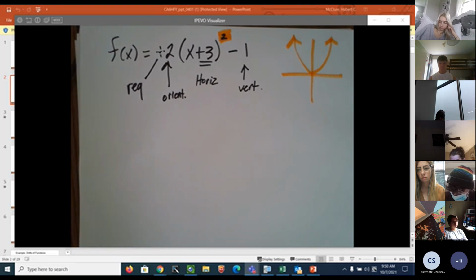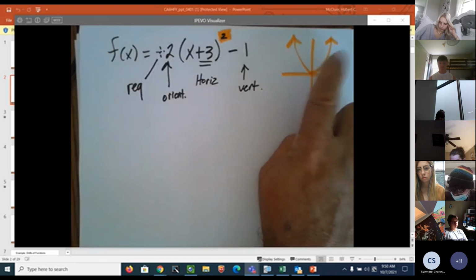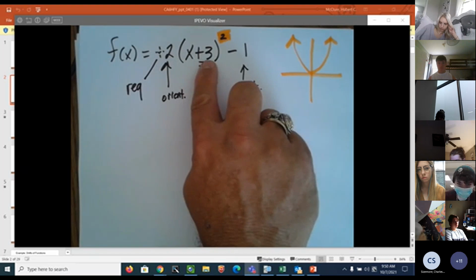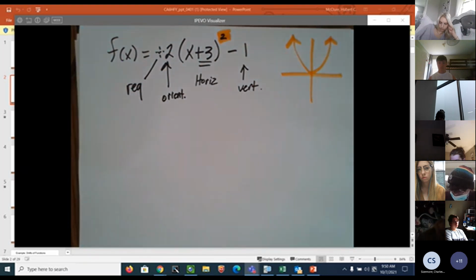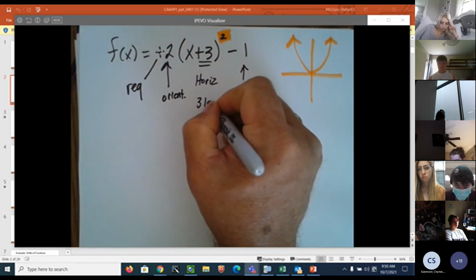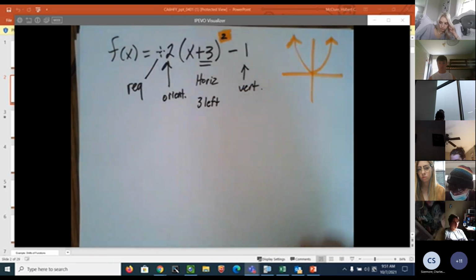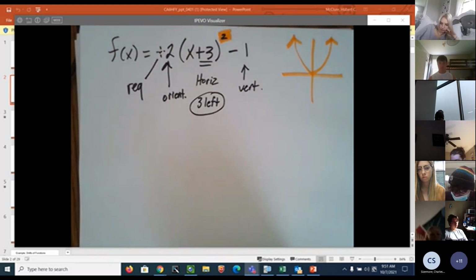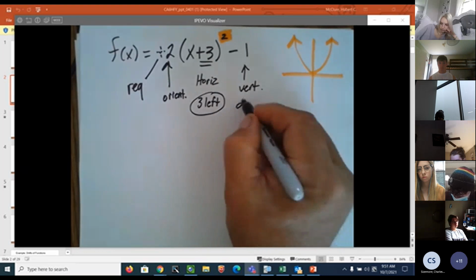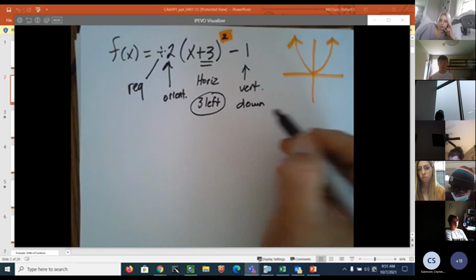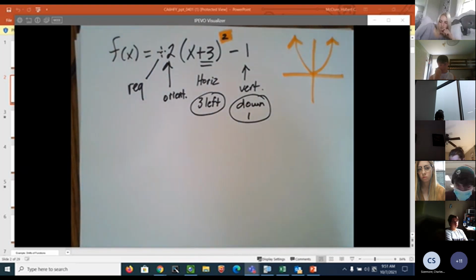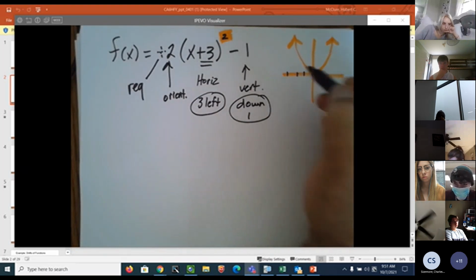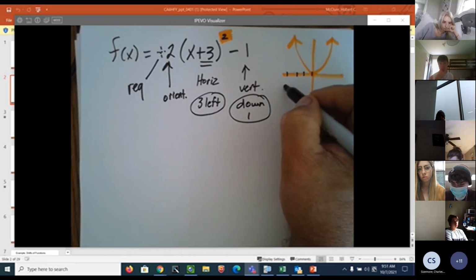And you're going to say, okay, it's a parabola, so it belongs to the parabola family. It's got a horizontal shift of 3 to the left. It's always the opposite, just like our vertex that we've been doing in completing the square. 3 to the left and down 1. So that's going to be 1, 1, 2, 3, and 1 down.